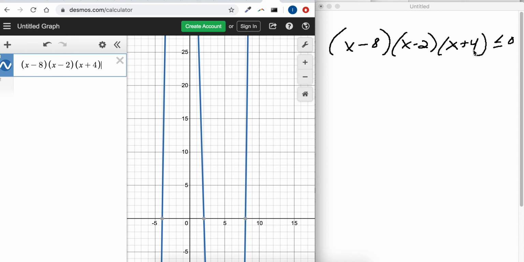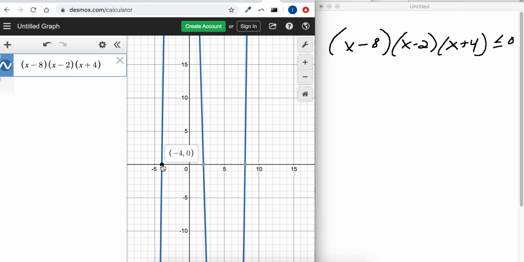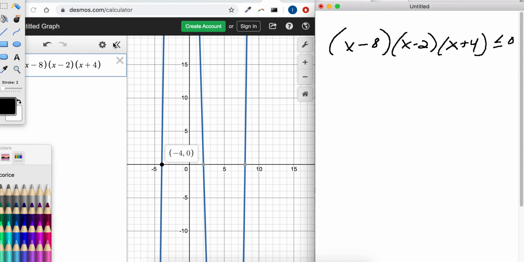So we're looking for where this graph is less than or equal to 0. That means below the x-axis. These are negative numbers, and negative numbers are less than or equal to 0. So look, everywhere to the left of negative 4, like negative 4.12, that's giving you negative numbers.